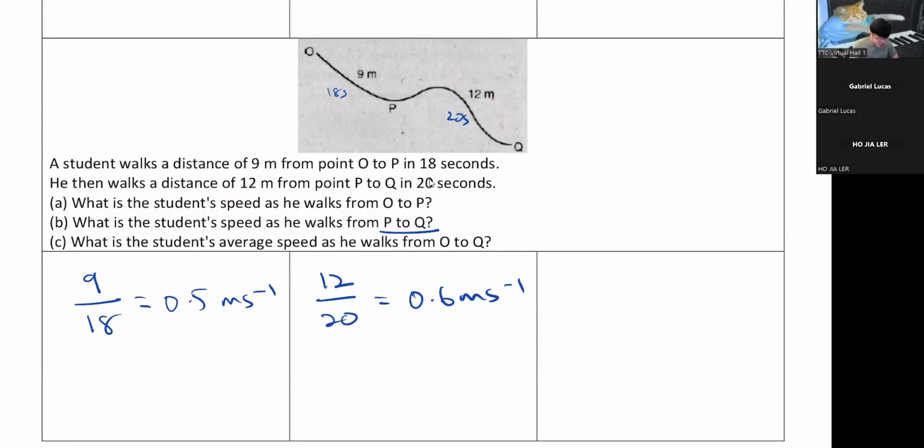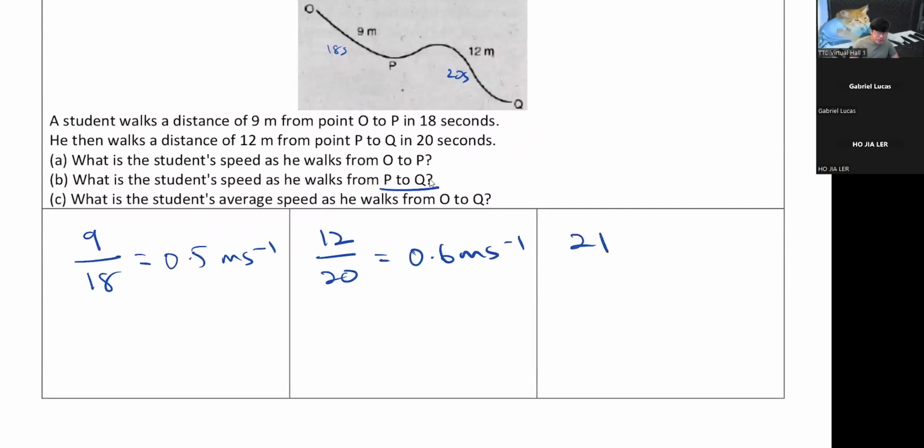Next, O to Q, the average speed, that would be the total distance divided by the total time. So that would be 9 plus 12, divided by 18 plus 20, which is 21 divided by 38. So this answer, you should get around 0.55.